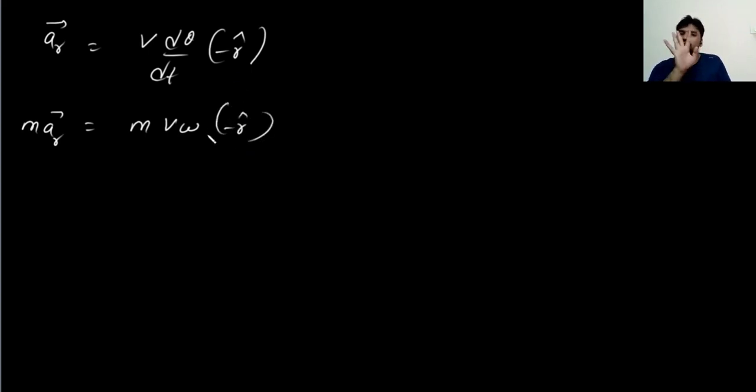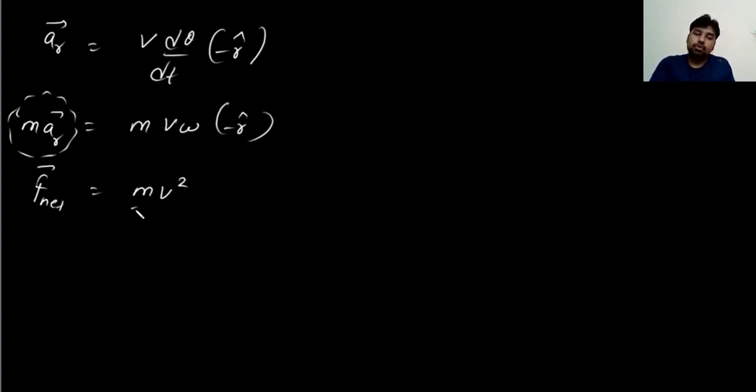I am just comparing the magnitudes. What is m A_R vector? Mass into acceleration vector, which is net force, should be equal to m v square by r, directed along minus r. So on a particle with respect to origin, if it's having circular motion, there is a net force m v square by r which is always required inside for the particle to have circular motion.